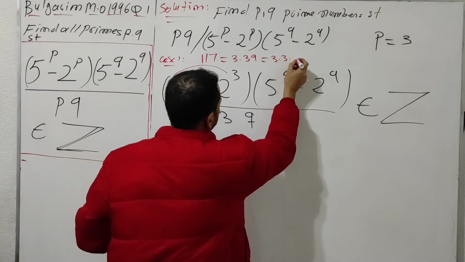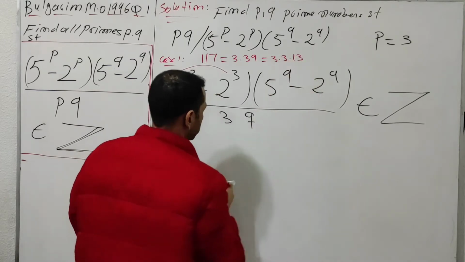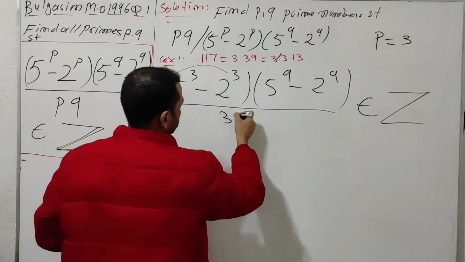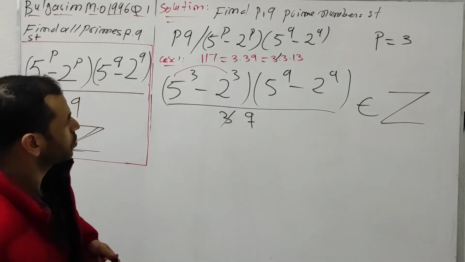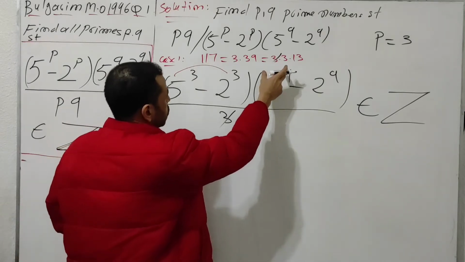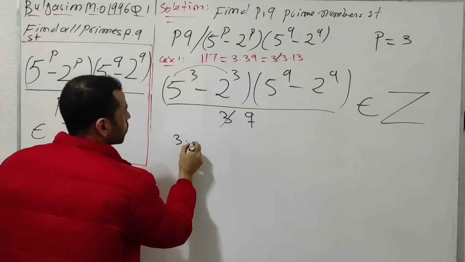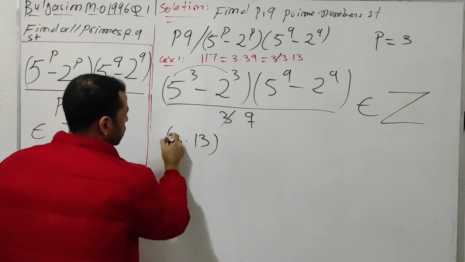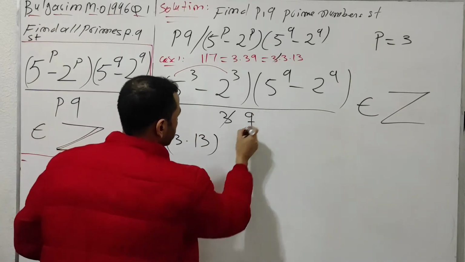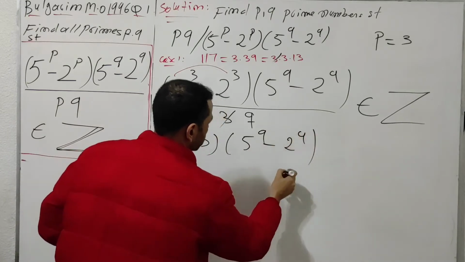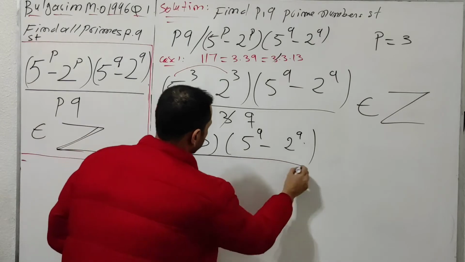Now I cancel out a 3 from numerator and denominator, so I am left with 3 multiplied by 13 multiplied by (5^q - 2^q), divided by q.